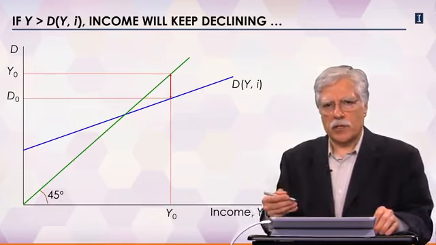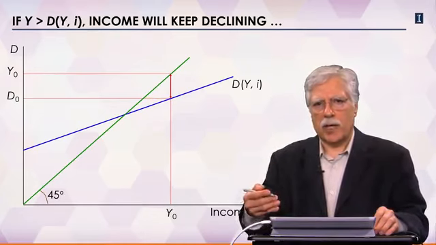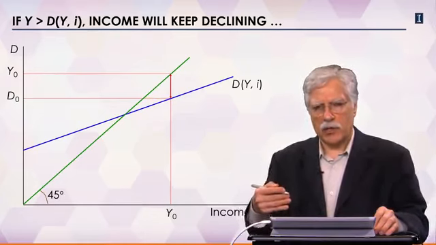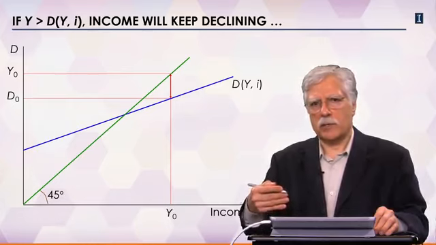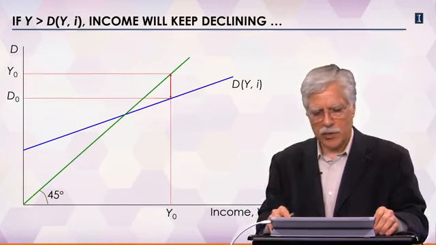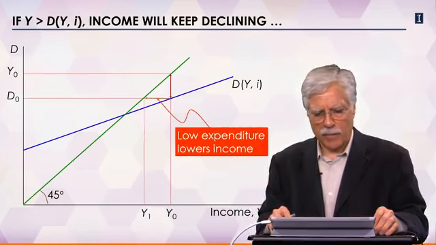Or goods and services are being produced, but there's not enough demand, so businesses have to cut back on production. Cutting back on production means employing fewer workers, making less profit, paying less rent. Income shrinks to y1.